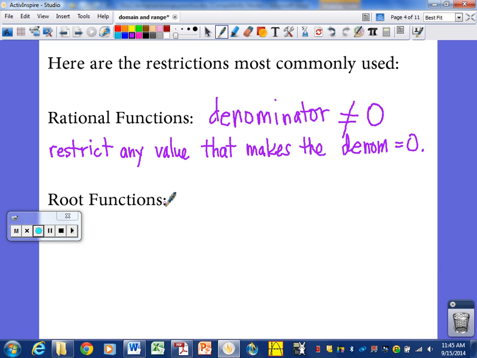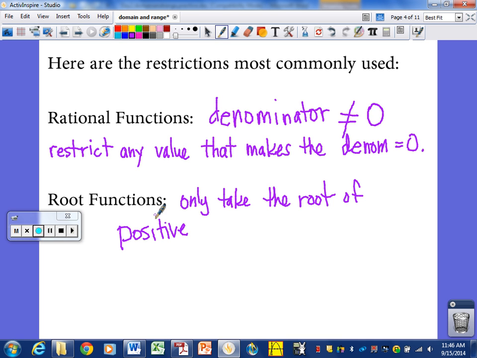Okay, in root functions, we can only take the root of positives. We can only take the root of positive values.